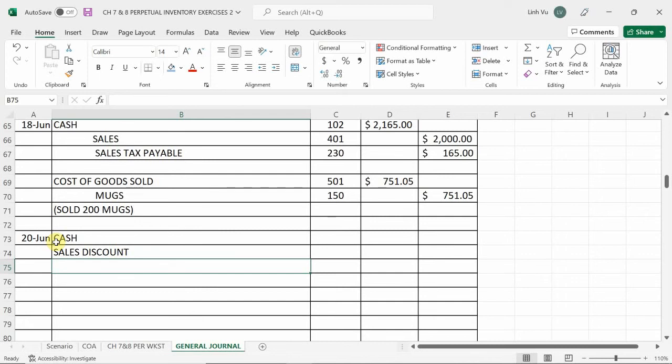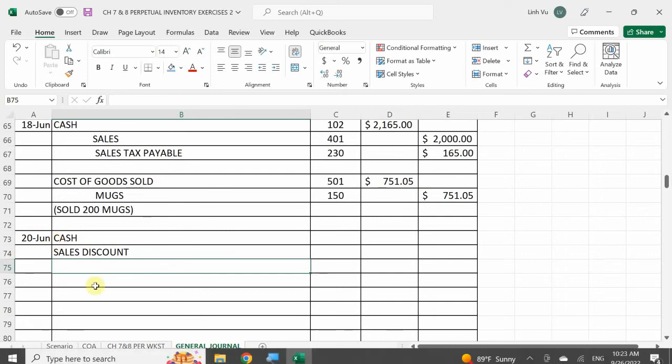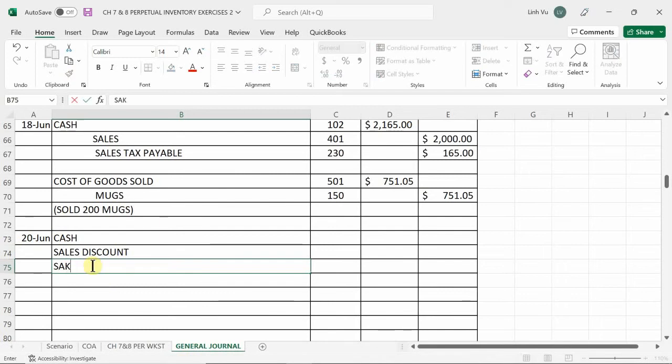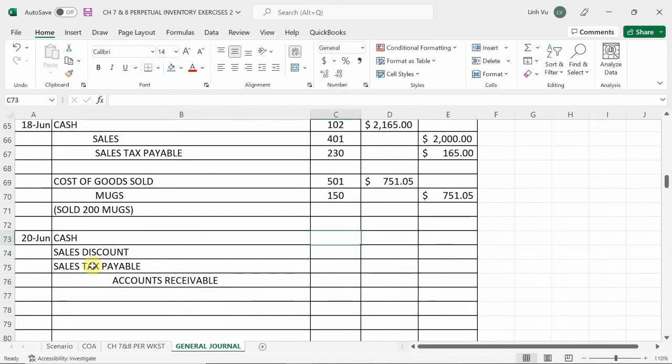Now that this is discounted, we have to give the portion of the sales tax money back as well. Because we originally charged it, now we have to give it back, and we're going to be reducing the accounts receivable. So let's go ahead: sales discounts, sales tax, accounts receivable.